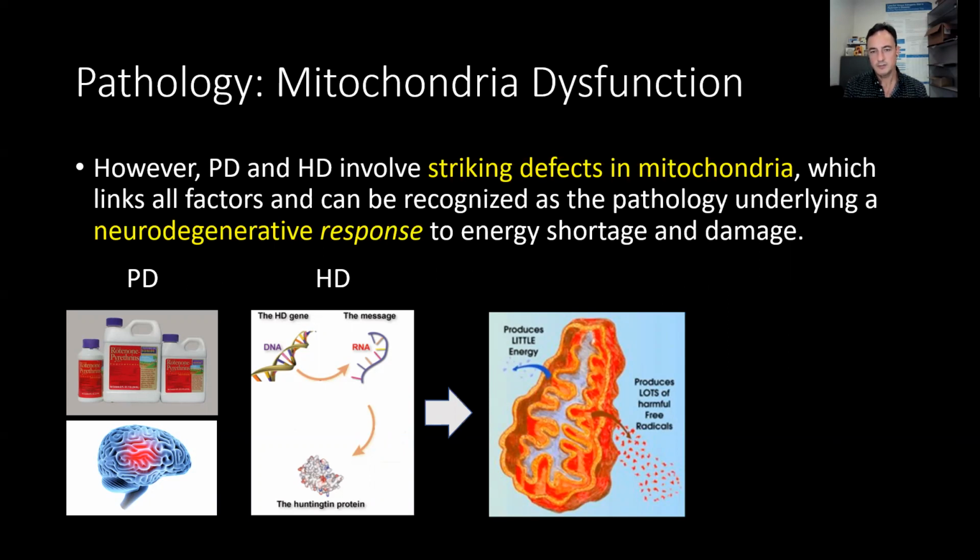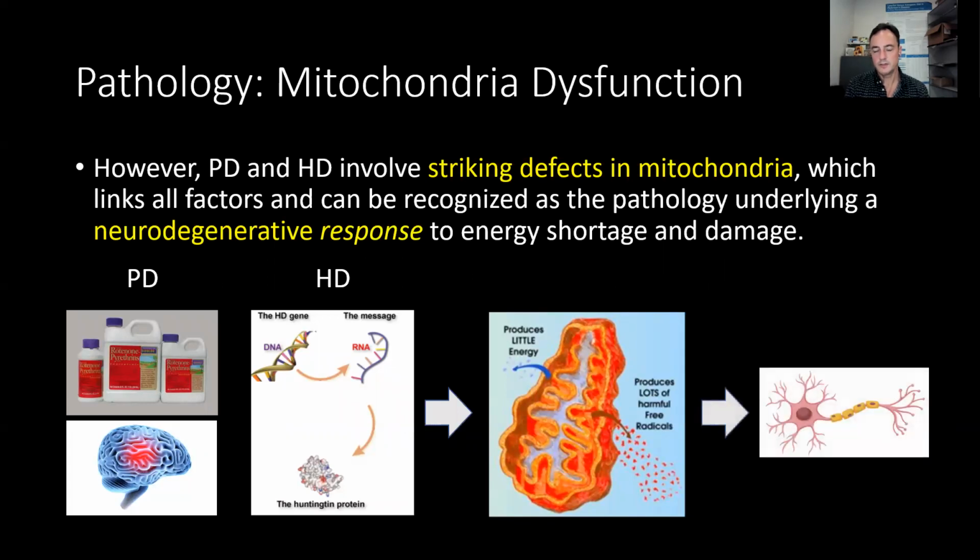And so that can result over time in mitochondria dysfunction. So both of these things are known to be potentially damaging to mitochondria, and that is followed by the neurodegeneration. So if this is the correct picture, which in my view it is, then really treating the mitochondria dysfunction is the key, not the neurodegeneration, because the latter is a response.